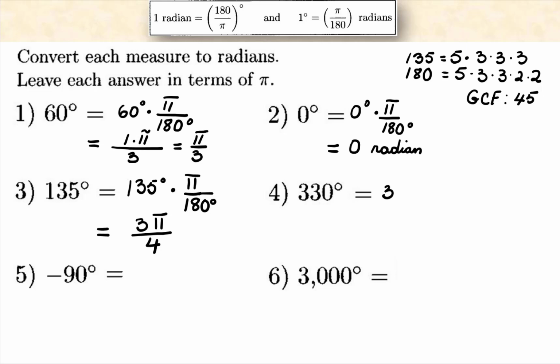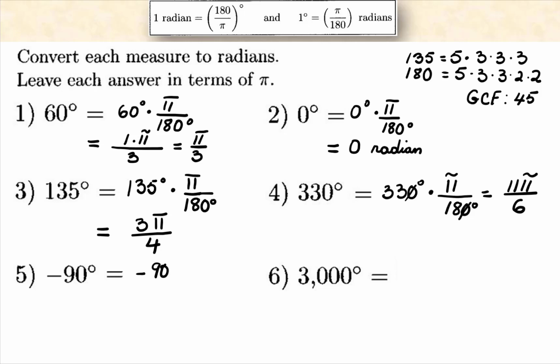330 times pi over 180. Cancel the zeros. 33 and 18: 33 is 3 times 11, and 18 is 3 times 6.